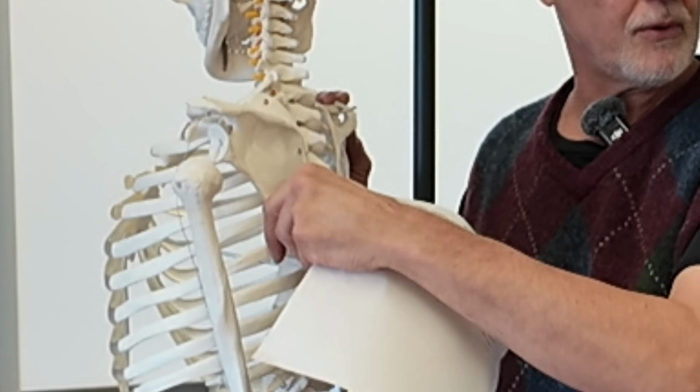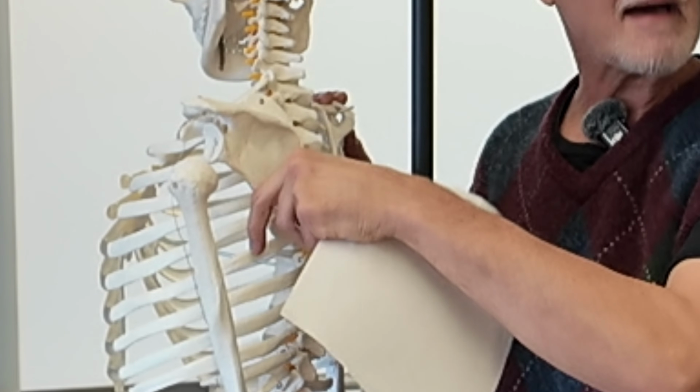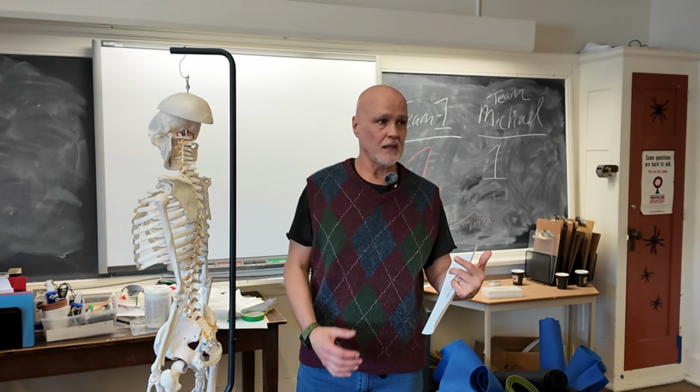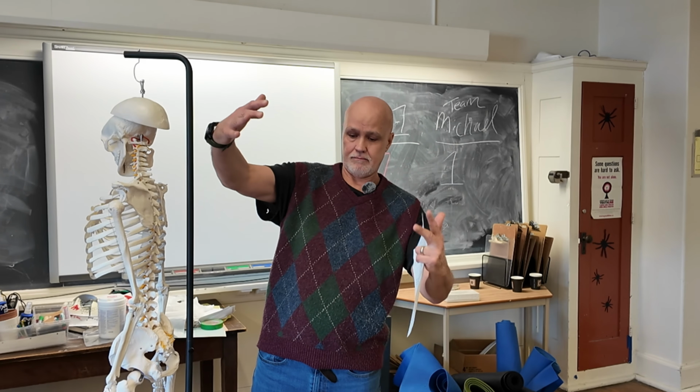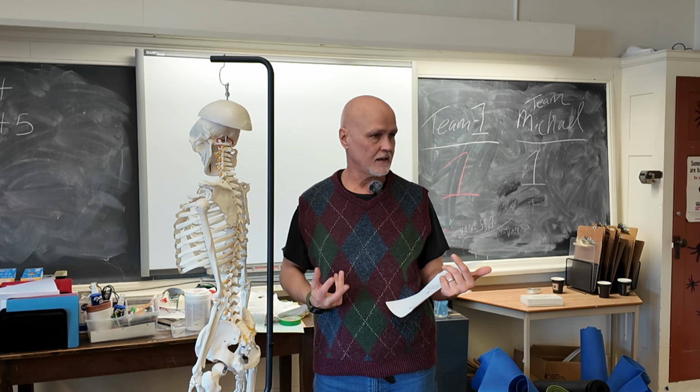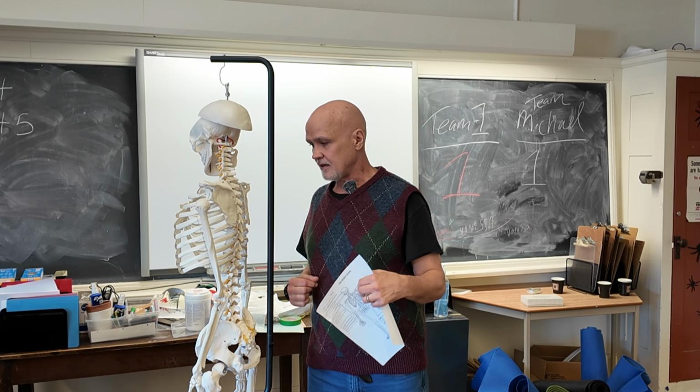So a lot of tools and implements were actually made out of the scapula of larger animals like the bison. If you think of something huge like a bison, its scapula would be basically the size of a shovel. So it was a really, really useful bone for making different tools.